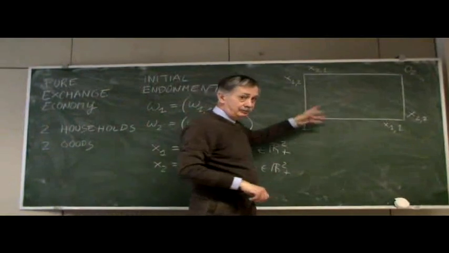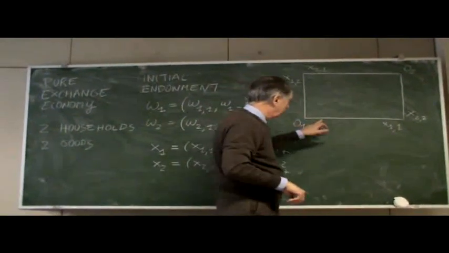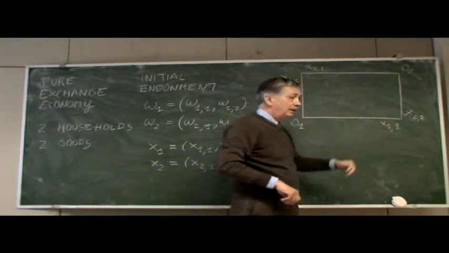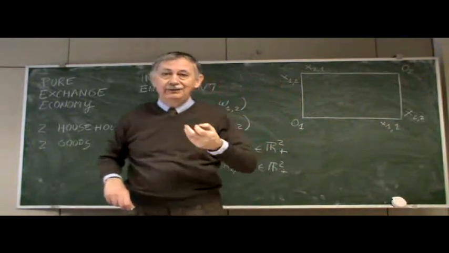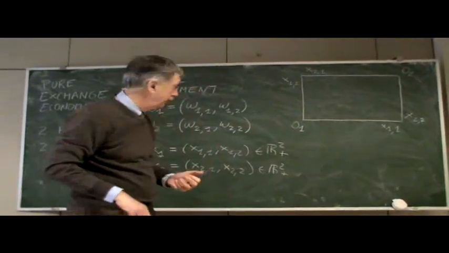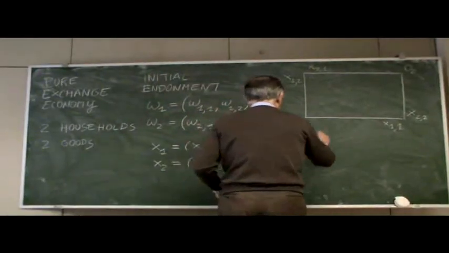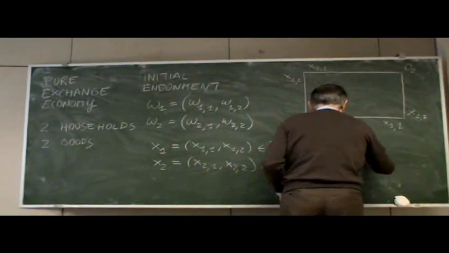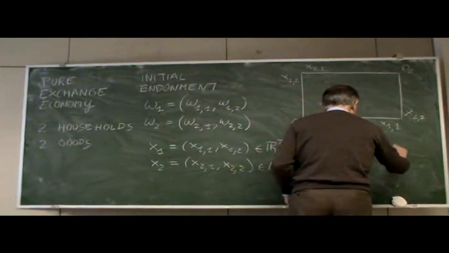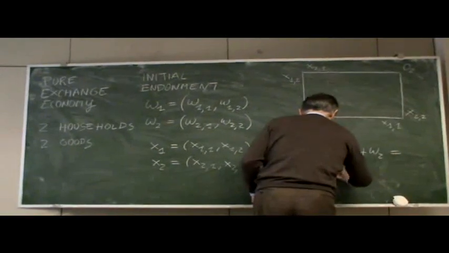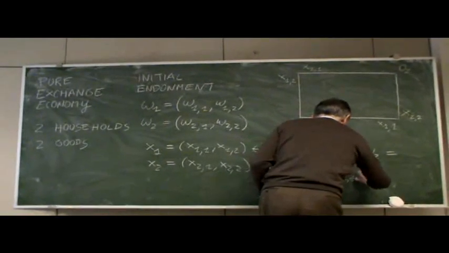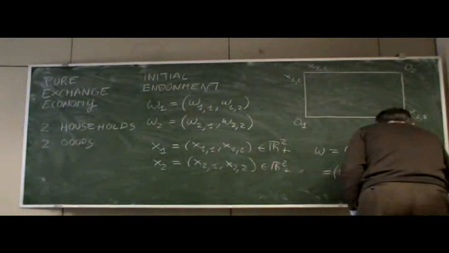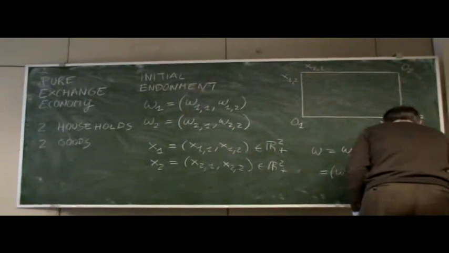Remember, the dimensions of the box, the length of the base and the length of the height of this box, represent the total available resources in the economy. In other terms, the vector omega, which is nothing but the sum of omega 1 plus omega 2. And therefore, omega 1,1 plus omega 2,1, omega 1,2 plus omega 2,2.